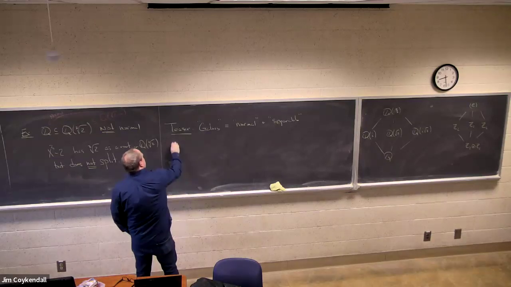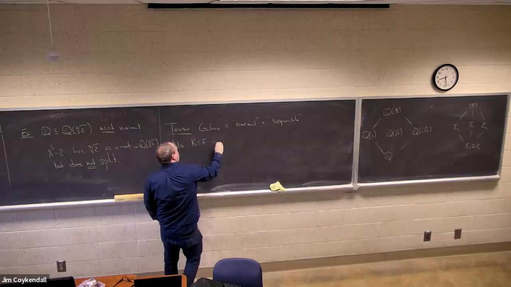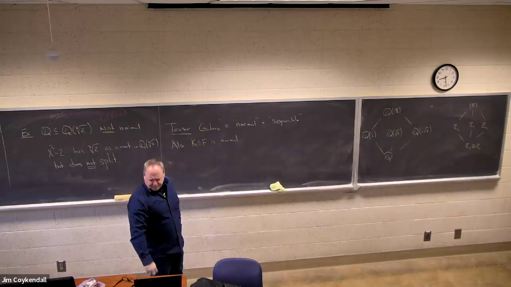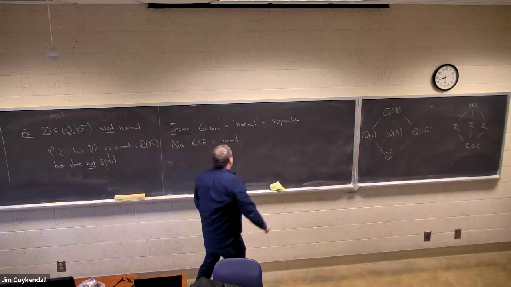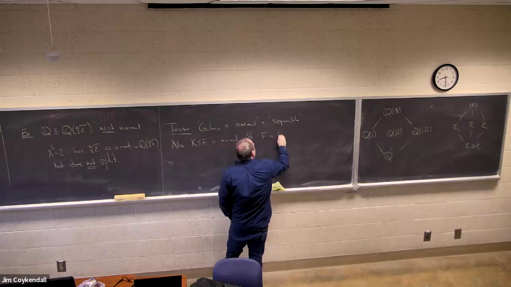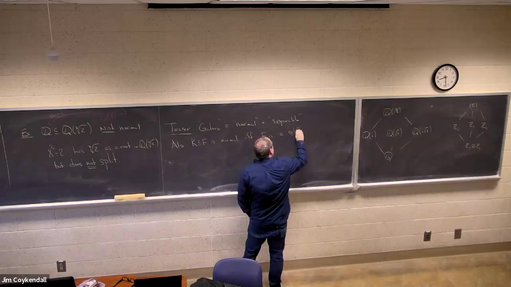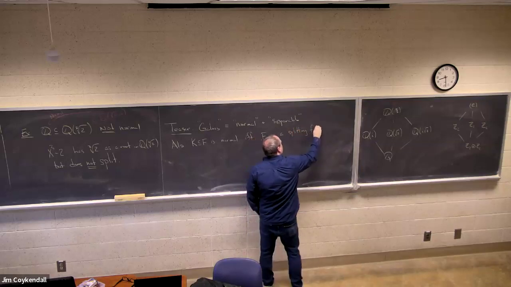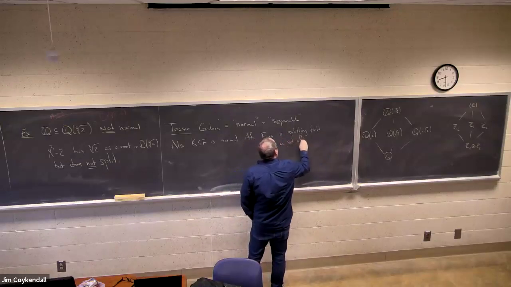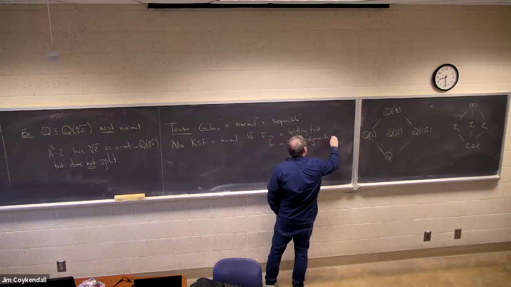Also, F over K is normal if and only if F is the splitting field for a set of polynomials in K[x].